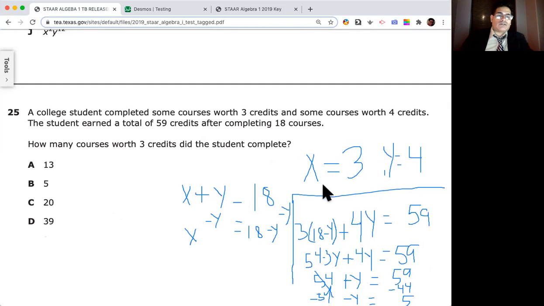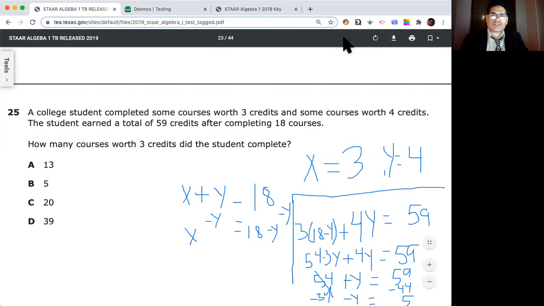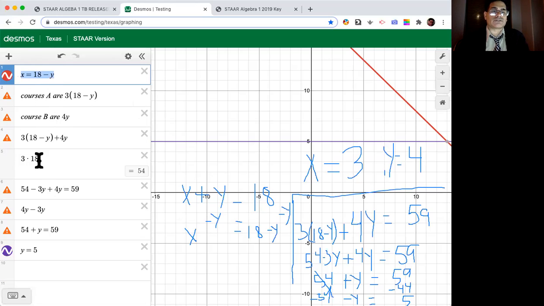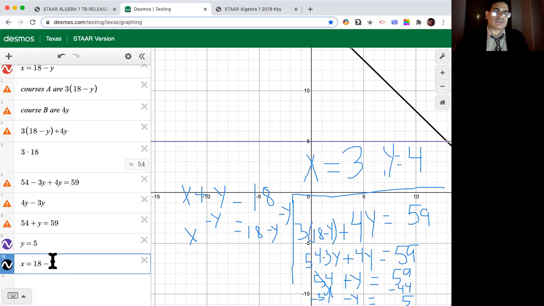All right. Back to my Desmos calculator to see what I've put up there. And we have here our equation of our 3 credit courses and our 4 credit courses equal 18. That's actually over here, because x equals 18 minus y was where we got this from.